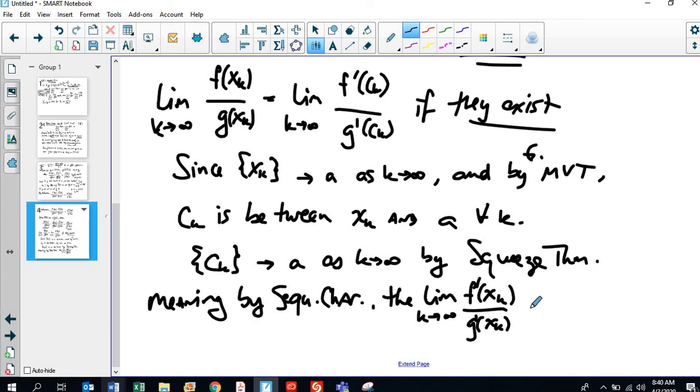This limit, which we know exists, that was part of the hypothesis, is equal to the limit as k goes to infinity of f prime of ck over g prime of ck, these are ck's, right?